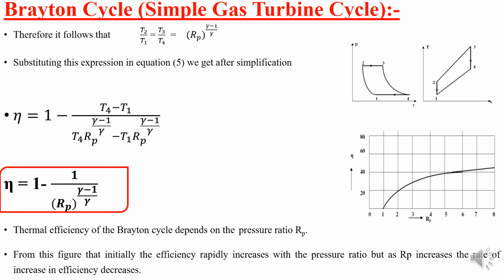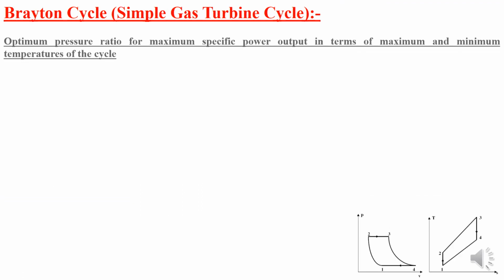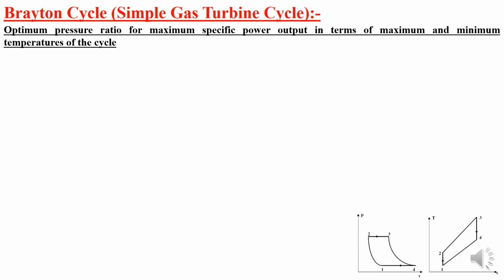Next, we will go for another derivation that is very important from the exam point of view. That is to get the expression for optimum pressure ratio for maximum specific power output in terms of maximum and minimum temperature of the cycle. Which pressure ratio will give the maximum work output for this Brayton cycle? In terms of maximum temperature T3 and minimum temperature T1.